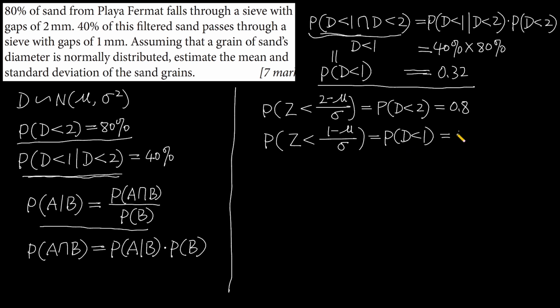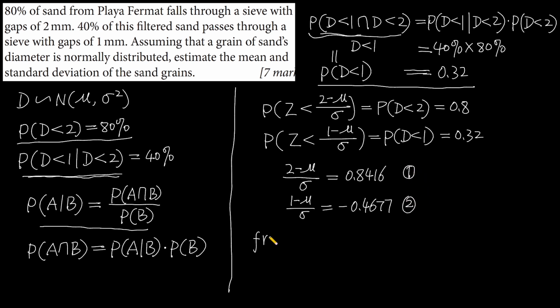This equals 0.32. And using a calculator, we can get (2 minus mu) over standard deviation equals 0.8416, and (1 minus mu) over standard deviation equals negative 0.4677. This is equation 1.